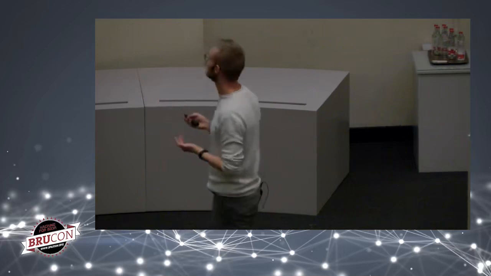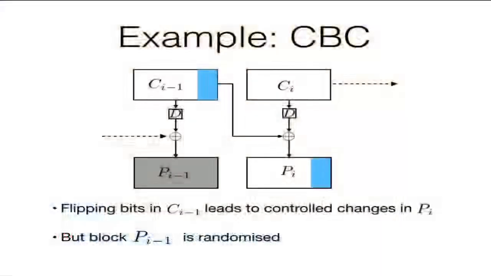So, for example, this is a small example here. We have CBC, so we have our ciphertext block, for example. We will modify the last few bits of this specific block.